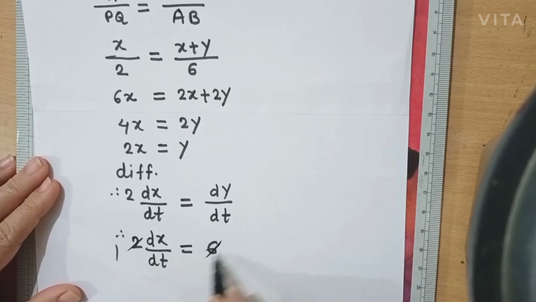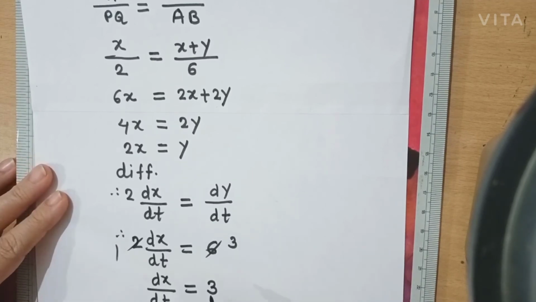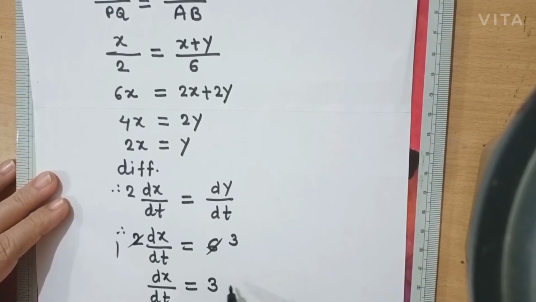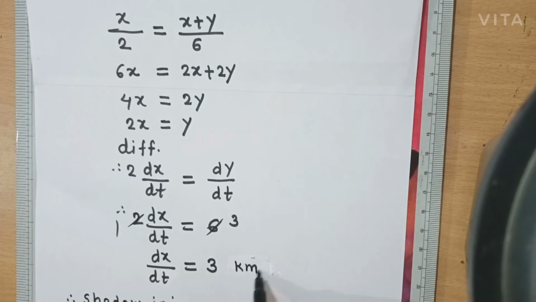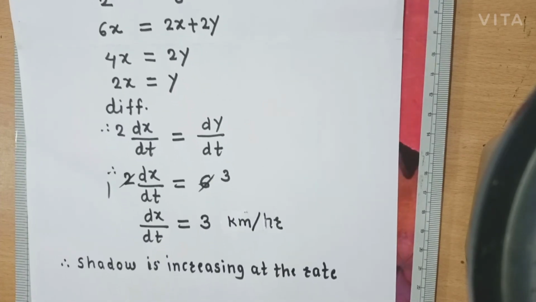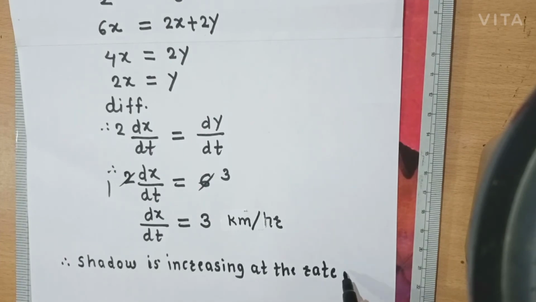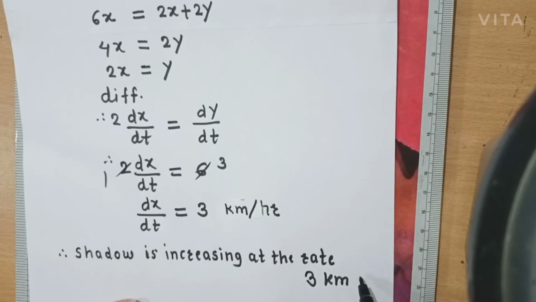So 2 ones are 2, 3s are, and write down unit, that is kilometer per hour, and therefore final statement, shadow is increasing at the rate 3 kilometer per hour.